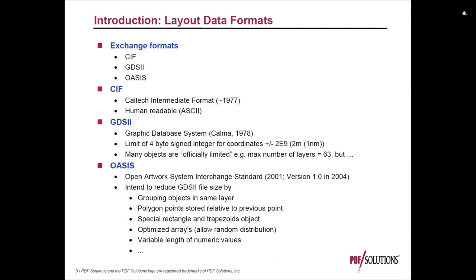and even I use it sometimes because it's just easier to generate something automatically. Then came GDS2, around 1978 from Calma. It's called the Graphic Database System. There are some limits with it these days, because it uses 4-byte signed integers, which at 1 nanometer resolution adds up to plus or minus 2 meters.